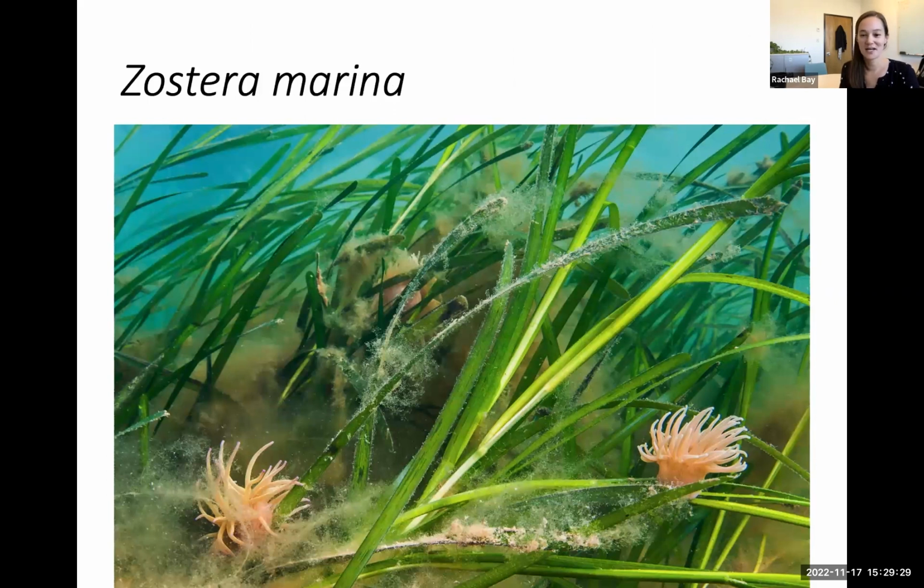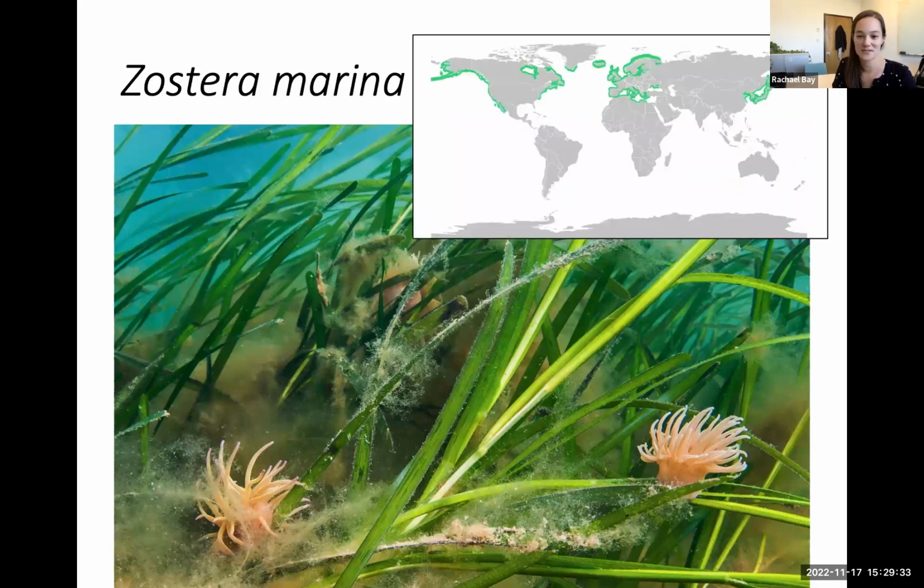So just a little bit of natural history here. Eelgrass is widespread across the Northern Hemisphere. It's important nursery habitat for fish and invertebrates. And there's also been some recent interest in its function in carbon sequestration. However, we've seen eelgrass beds declining from a range of causes, including water quality, climate, disease, and development.